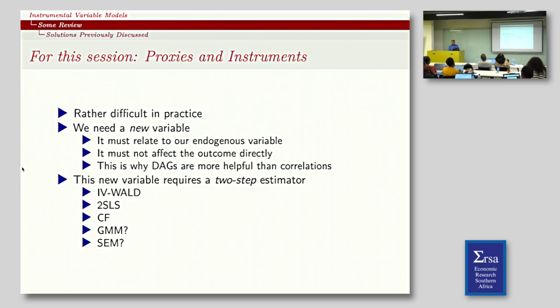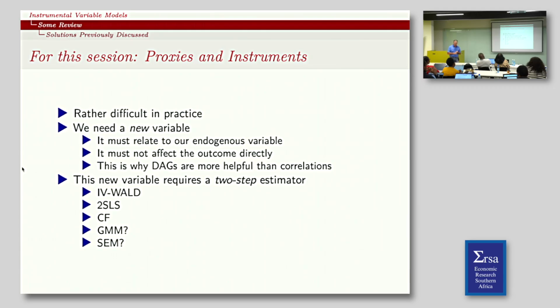All right. So what we're going to do now is talk about proxies and instruments, talk somewhat about these sort of ideas in different ways. So first thing I want to point out, instruments are great. They're really hard to find. They don't just sort of fall from the sky and hit you on the head and you say, ooh, nice. Okay? They're really hard to find. This variable, an instrument anyway, must relate to our endogenous variable.